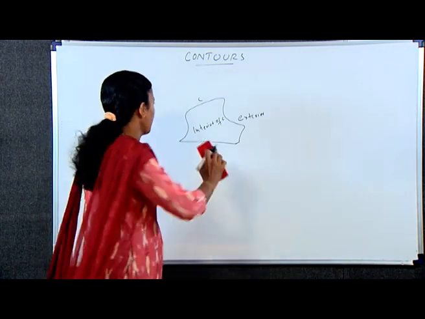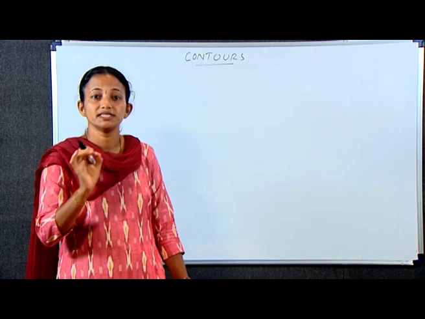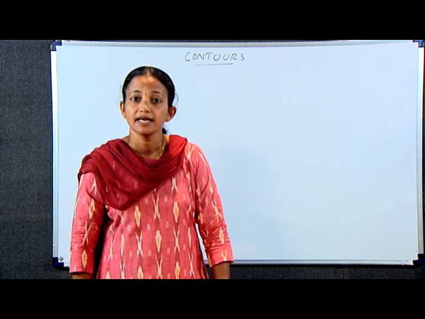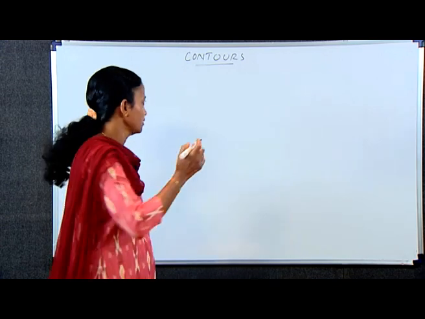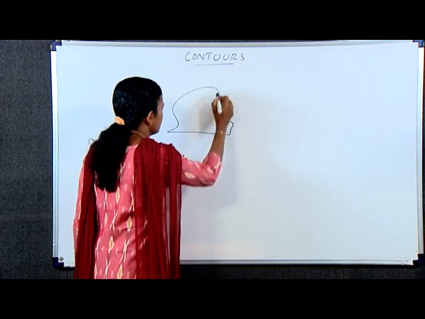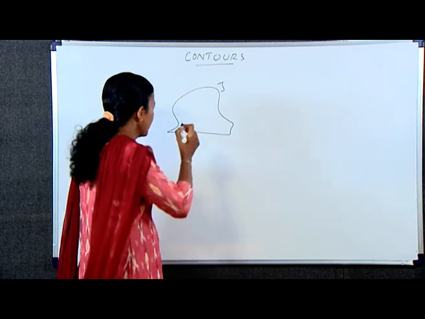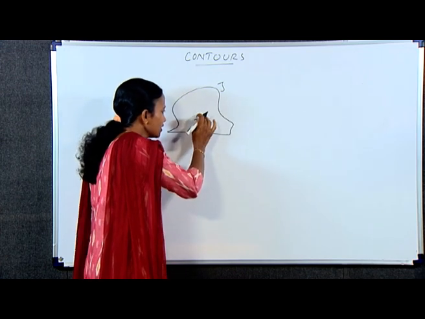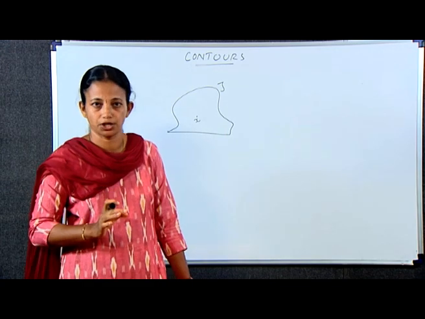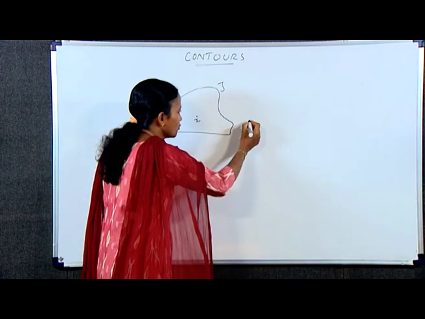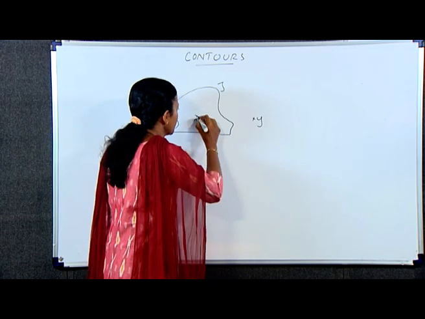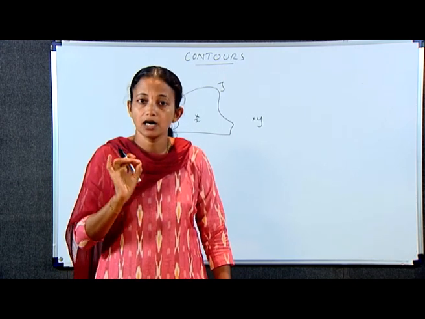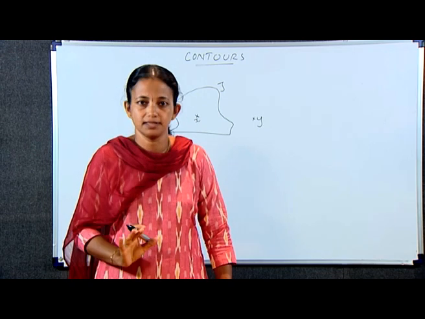The theorem says that if J is a Jordan curve, that is, a simple closed curve, and if X is a point in the interior of J, this is our J, the Jordan curve, and this is the interior of J and this is the exterior of J, and here we are taking a point X in the interior of J, and Y is a point in the exterior of J. Then any straight line or a curve joining X and Y must meet J at some point.